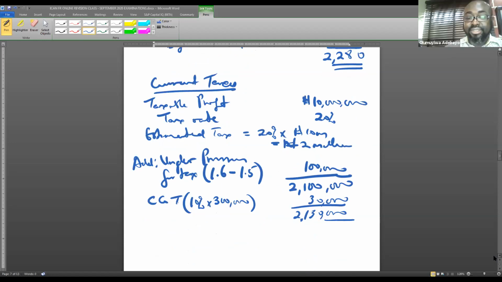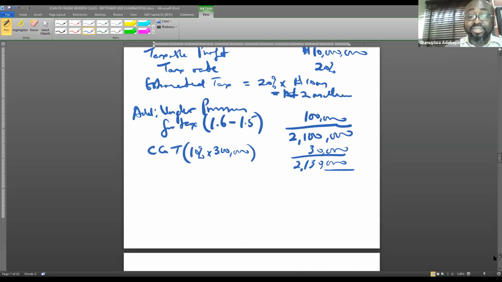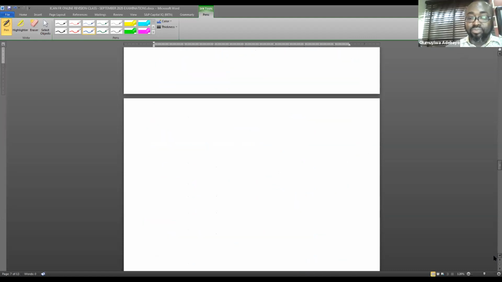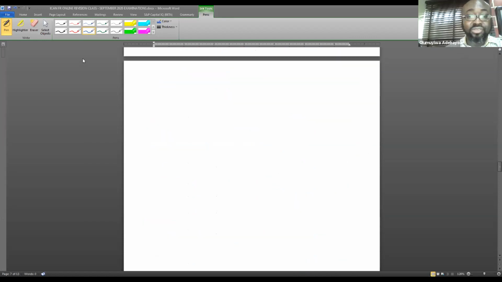Okay. B question says tax liability. Our tax liabilities are in two folds: current tax liability and deferred tax liability.